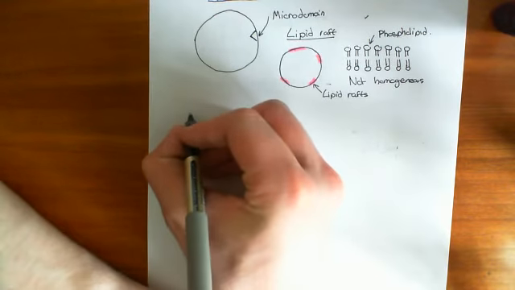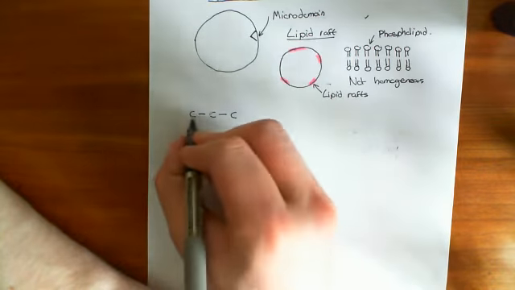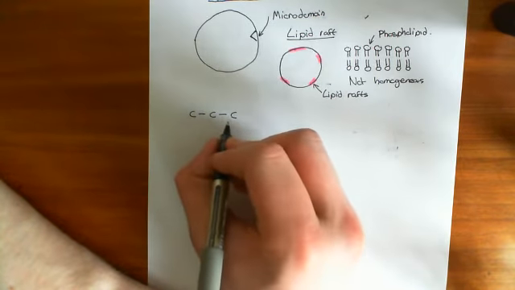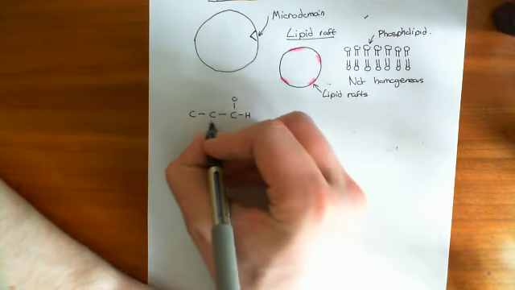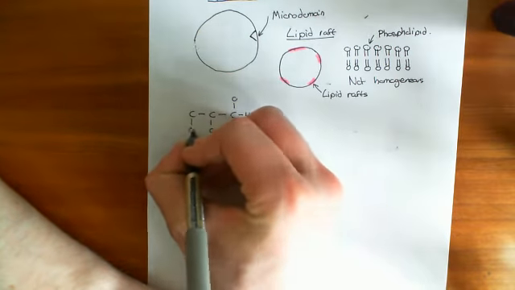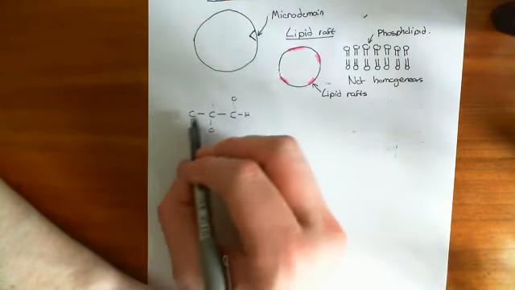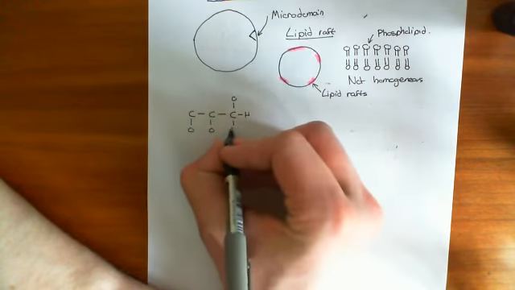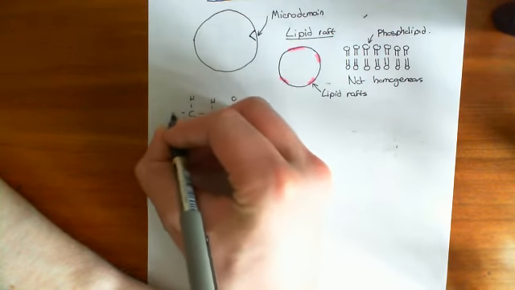So the usual structure of one of these phospholipids is that the whole thing is based on glycerol. Glycerol is propane 1,2,3 triol, so it has 3 hydroxyl groups coming off, a hydroxyl group here and a hydroxyl group here. In the phospholipid, they're all going to be bound to stuff, so that's why I haven't drawn the hydrogens on. But you will have hydrogens saturating these carbons, like so.